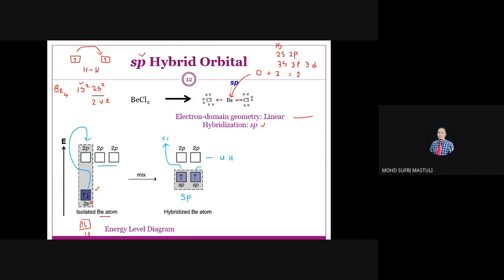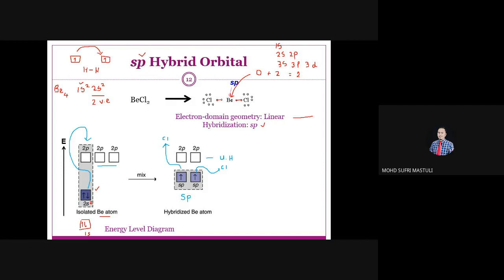Then, if we have these singles, each can couple with a Cl, in order to form BeCl2. But if we do not hybridize, the valence electrons are fully occupied in the s orbital.